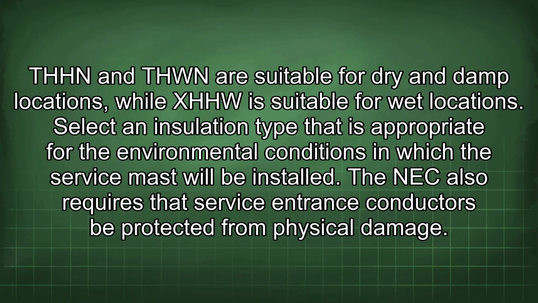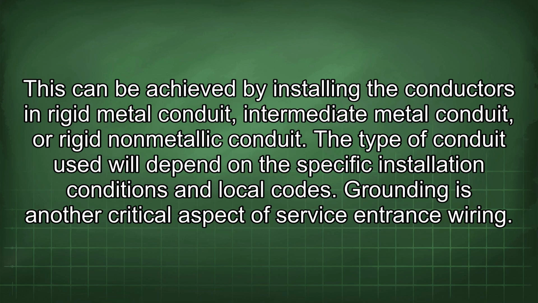The NEC also requires that service entrance conductors be protected from physical damage. This can be achieved by installing the conductors in rigid metal conduit, intermediate metal conduit, or rigid non-metallic conduit. The type of conduit used will depend on the specific installation conditions and local codes.